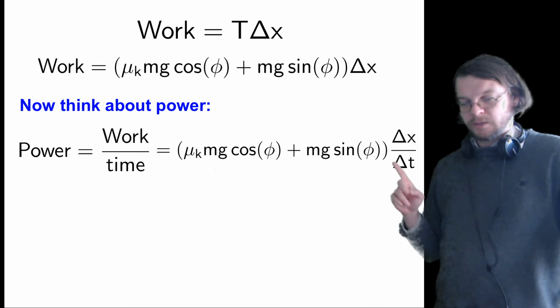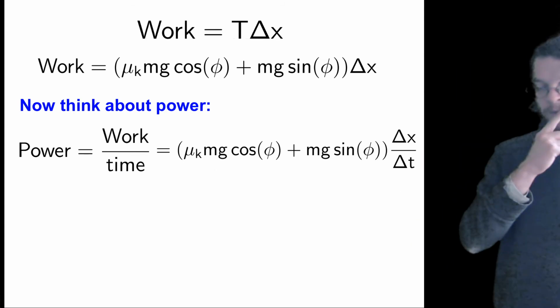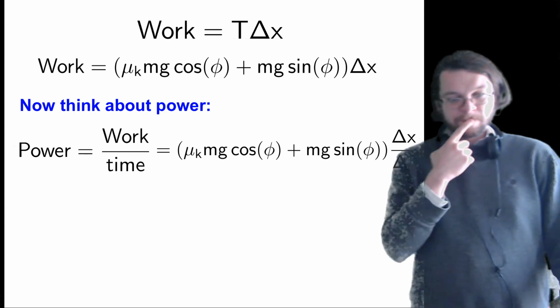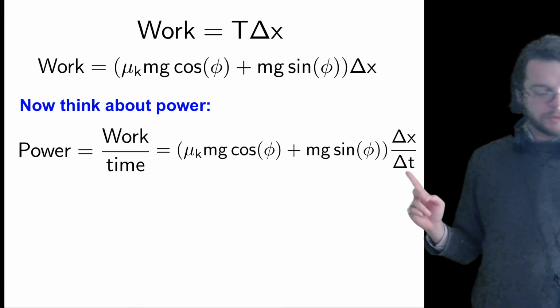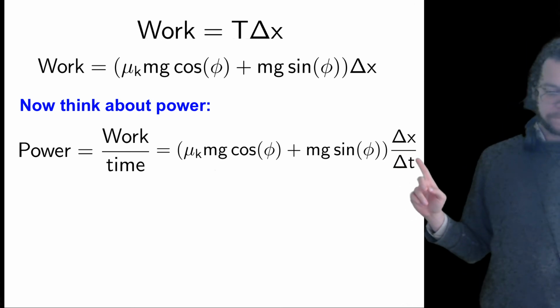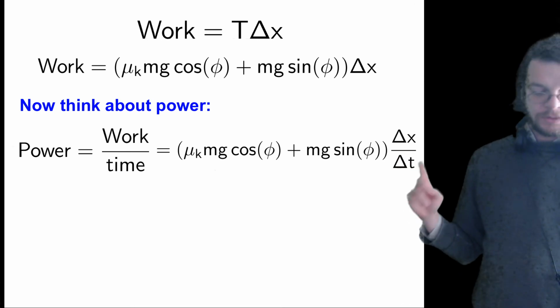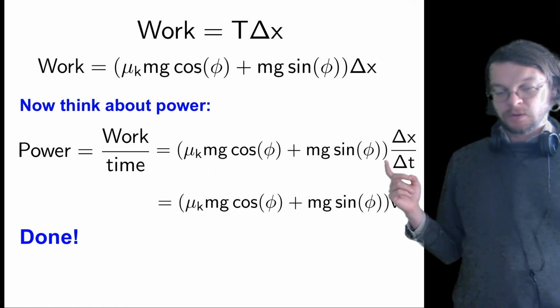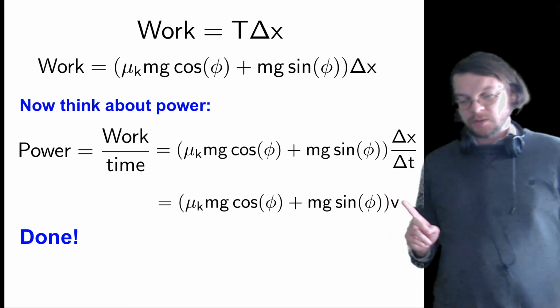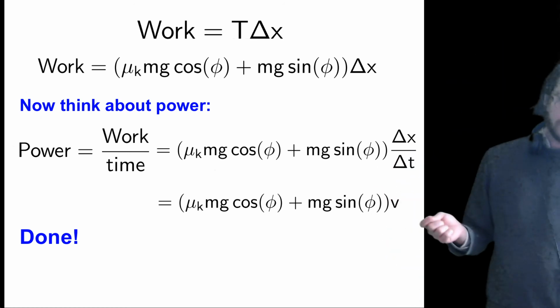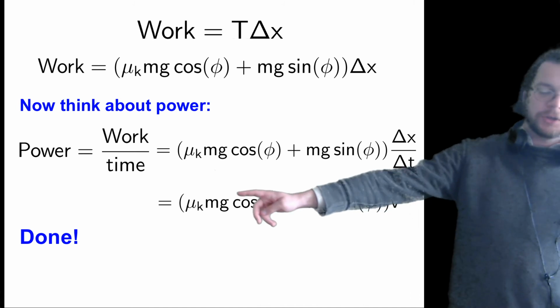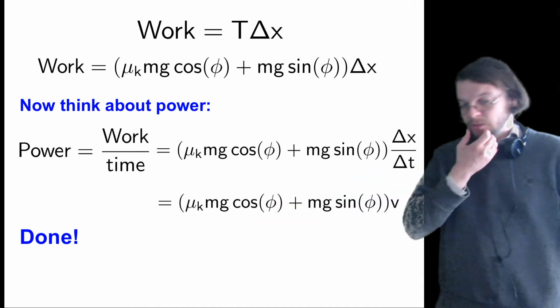Now, delta x over delta t, does that sound familiar to anyone? Anybody? Delta x over delta t, that's the velocity, right? And so the faster the velocity that you want to pull these skiers up the hill, the more power that you need. That makes some sense, right? And the friction matters for how much power that you need.